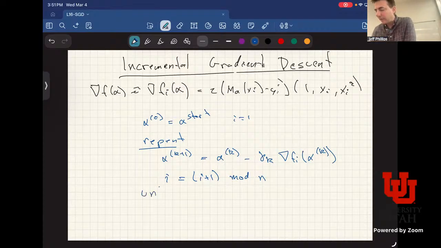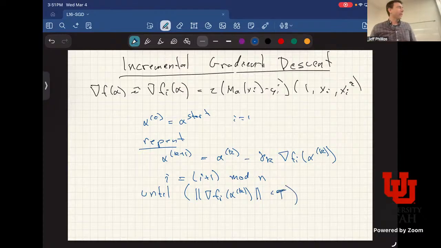I do this until, let's say, the norm of the kth gradient is less than some threshold, and then I return alpha_k.